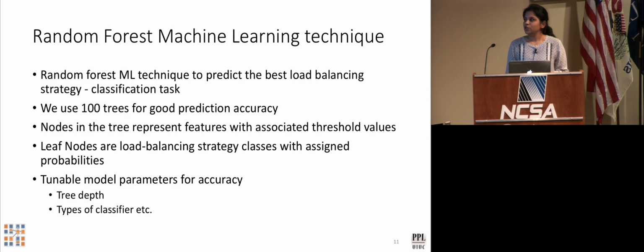The nodes in each tree represent the features, and the associated threshold is calculated by the random forest training model. Leaf nodes are the load balancing strategy itself, which will be predicted by the algorithm. There are several tunable parameters like tree depth and the classifier to use in the random forest algorithm that we can experiment with to improve the accuracy of our model.